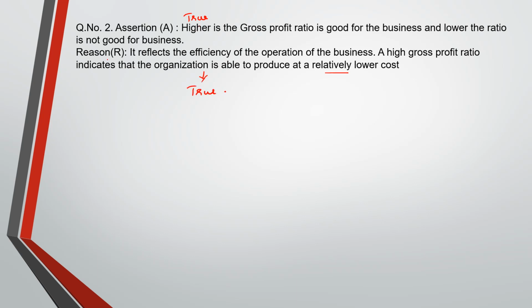So assertion is true, reason is true, and of course, the reason is a correct explanation of the assertion. Therefore, here the answer is option A, where both assertion and reason are true. It actually helps you to meet, if you have good gross profit, it will be sufficient to meet all the expenses and also would help you to build up reserves.